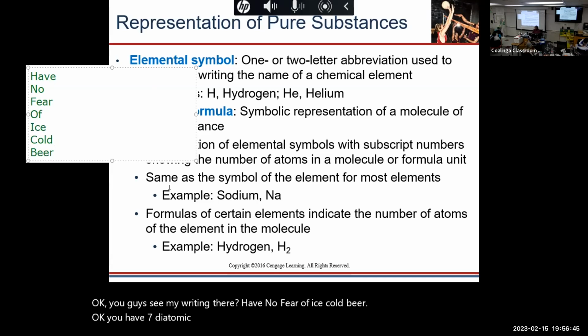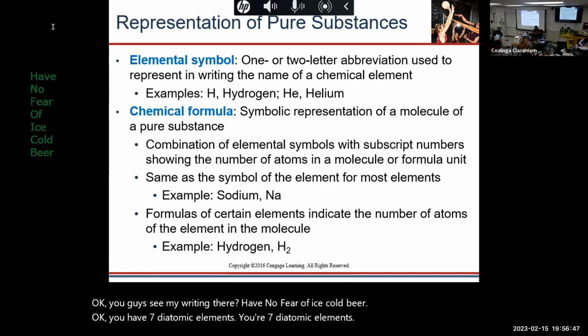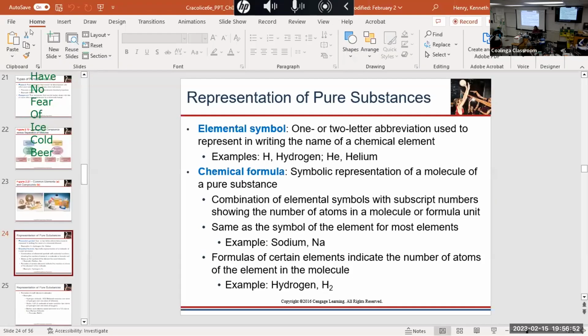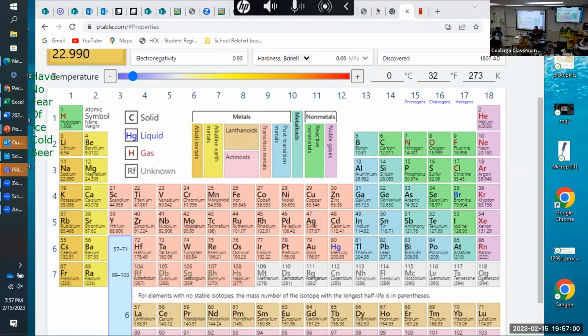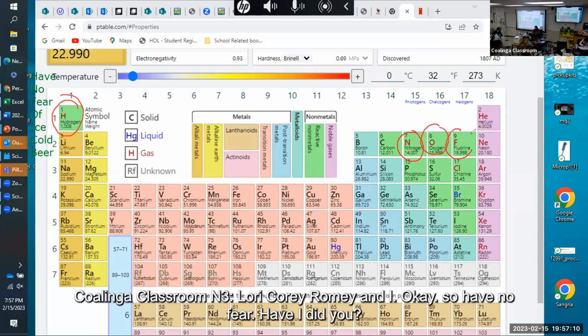The 7 diatomic elements are hydrogen, nitrogen, oxygen, fluorine, chlorine, bromine, and iodine.